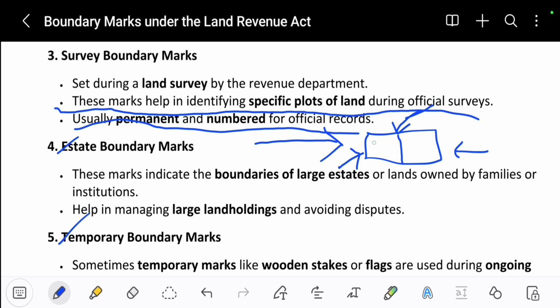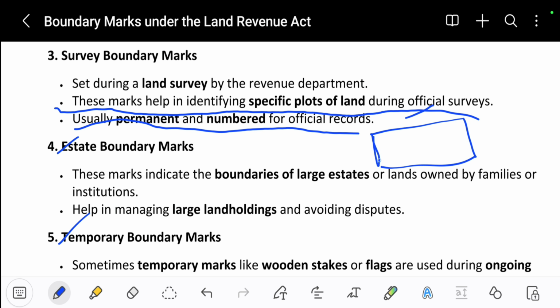So this is a big land over here, and the officer is dividing it and giving them different numbers. The officer will give this land number 1A and this land number 2B, and he will mention this number in the record.